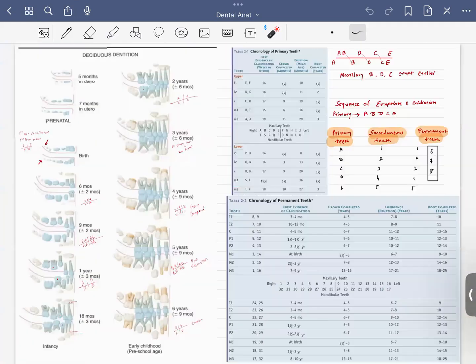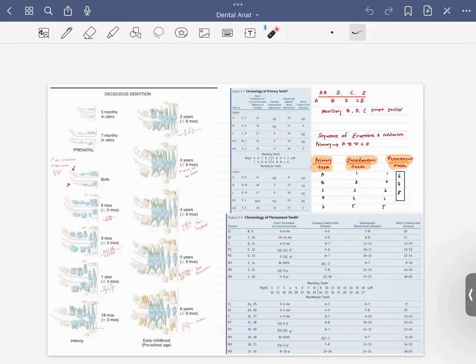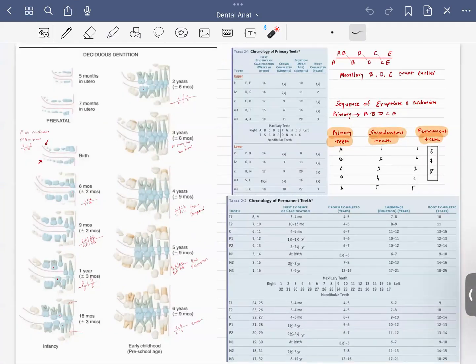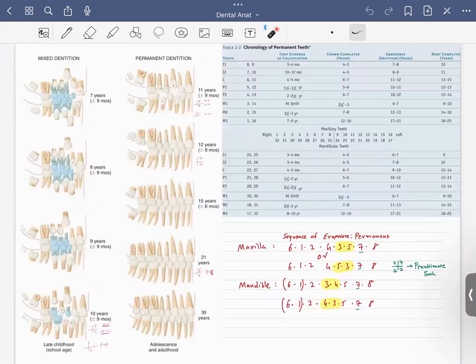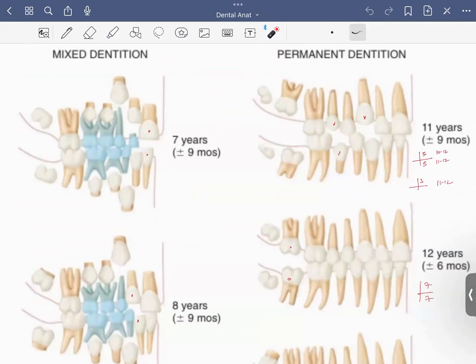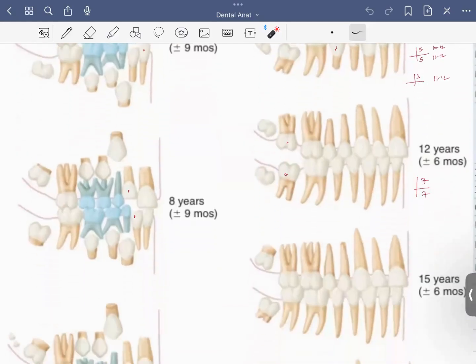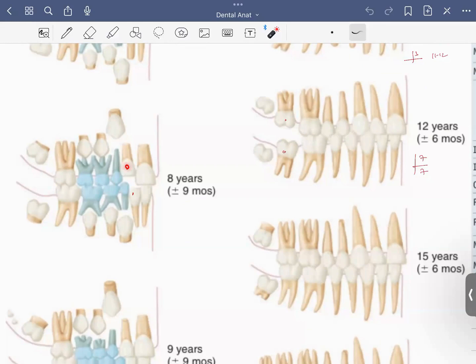All right. So this was still early childhood age that we saw. Now coming to the late childhood in the mixed dentition stage. The next age is 7 years plus or minus 9 months. This is the time where you see eruption of the central maxillary and mandibular incisors. Then at around 8 plus or minus 9 months, you will see eruption of the lateral incisors.